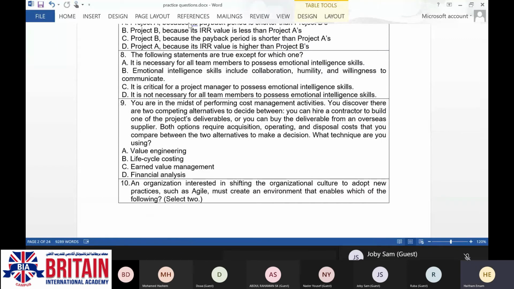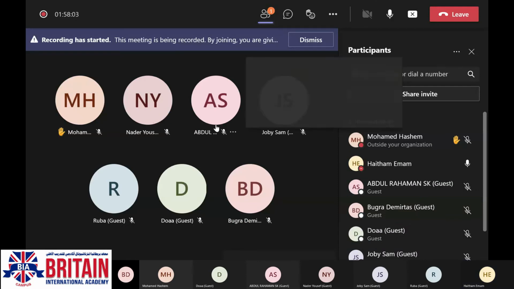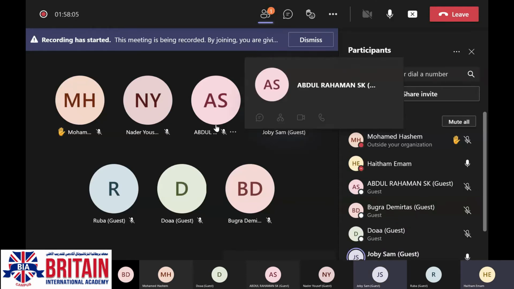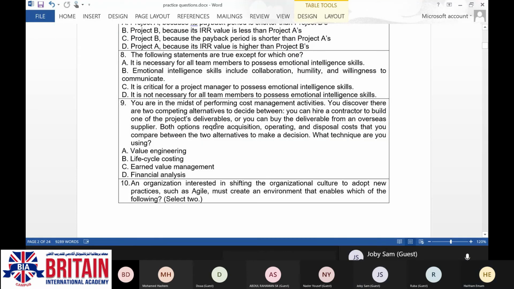Now, this question, which is question number 9. Let me ask Mr. Jubi. Haitham, could you read this question and tell me your understanding and the right answer, please? Question number 9. You are in the midst of performing cost management activities.